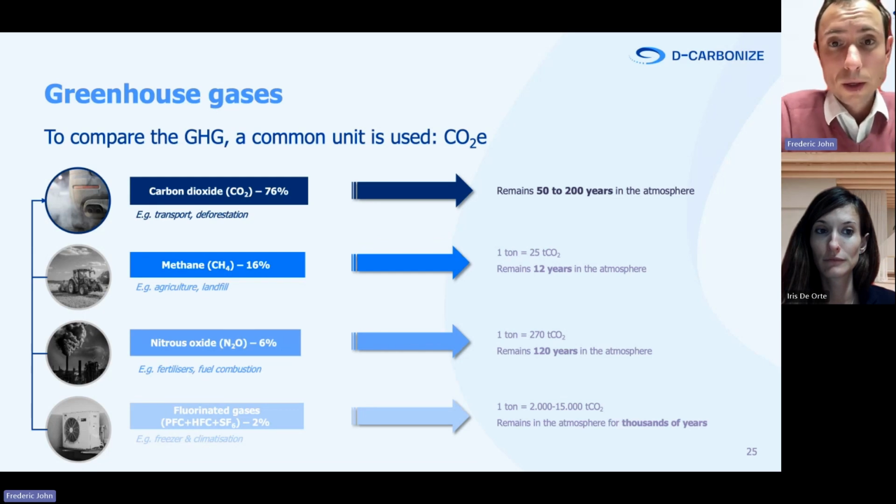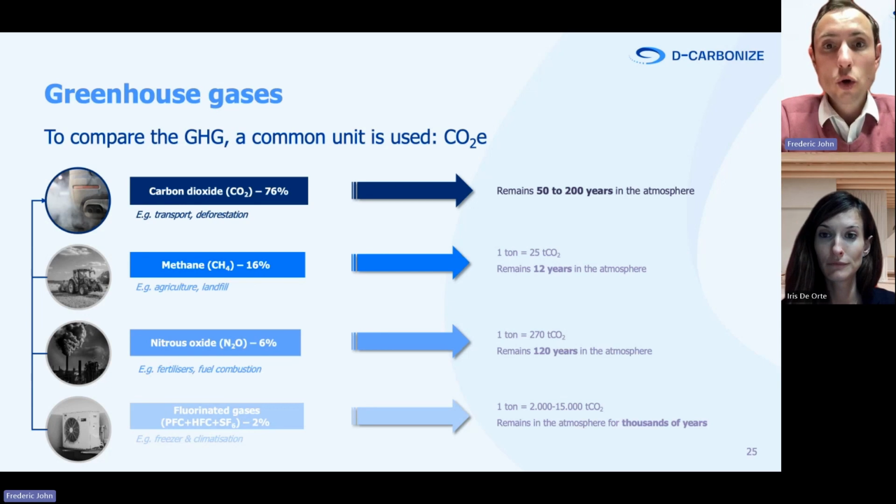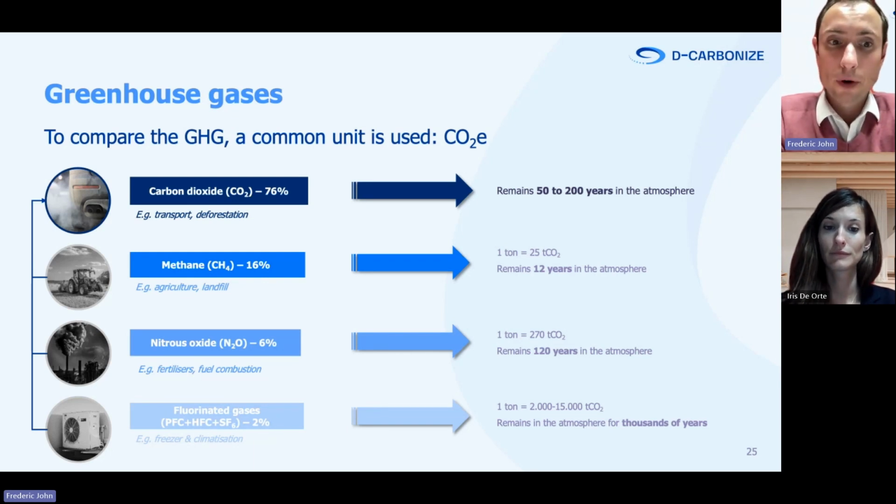It's very easy. I'll make it very, very simple here: we need to take into account two variables. What is the global warming effect, or also known as the power to warm the atmosphere from this particular gas?